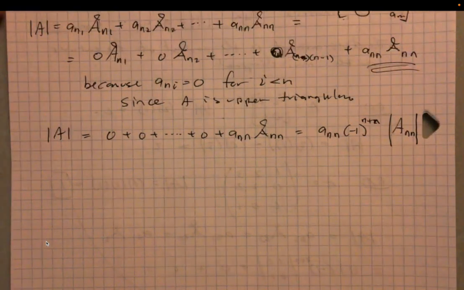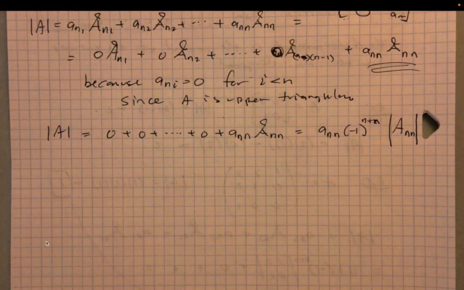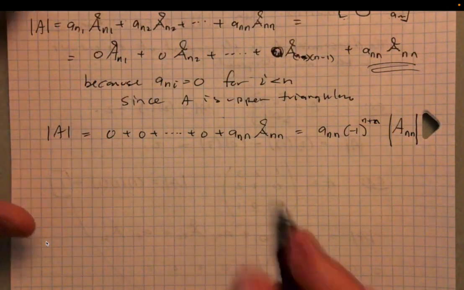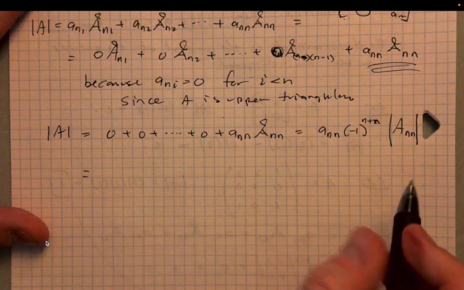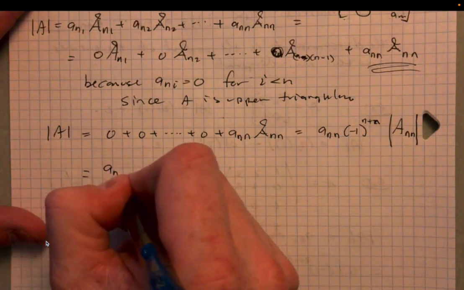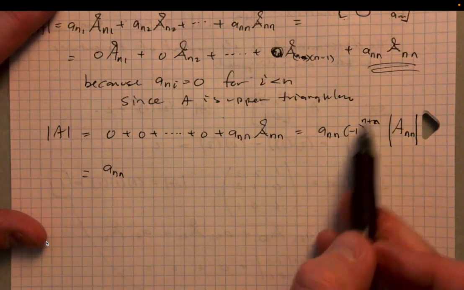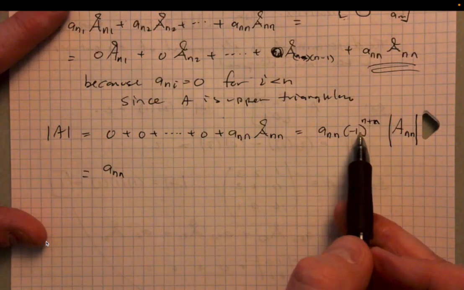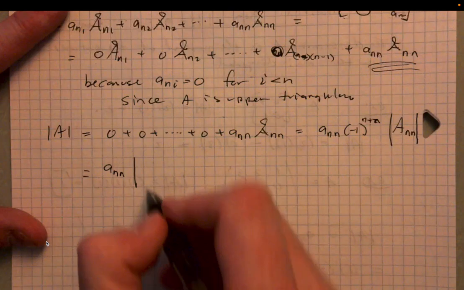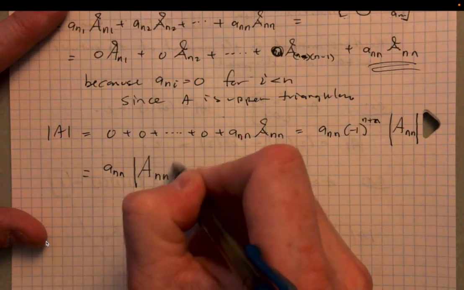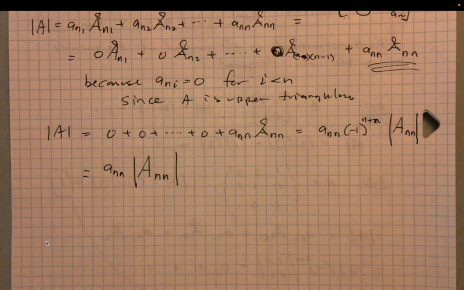All right, so that's what happens in an upper triangular matrix. Now notice n plus n is 2 times n, so this is an even value. So the sign is just 1, and it's ANN times the determinant of the submatrix ANN.